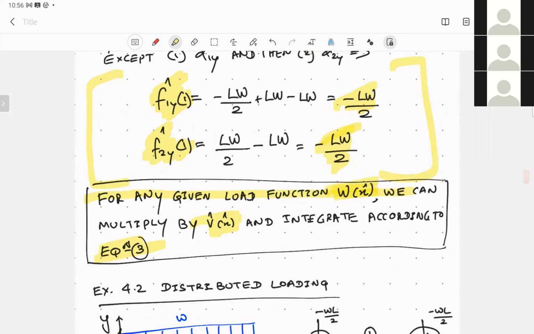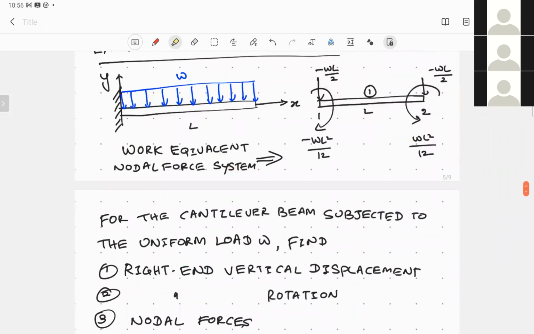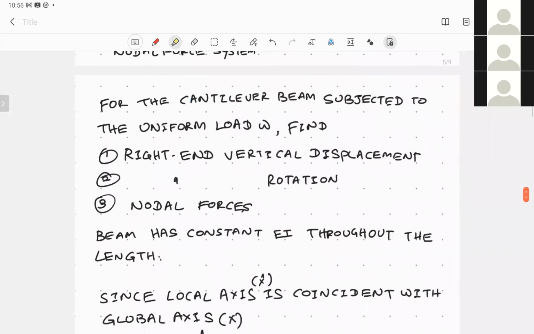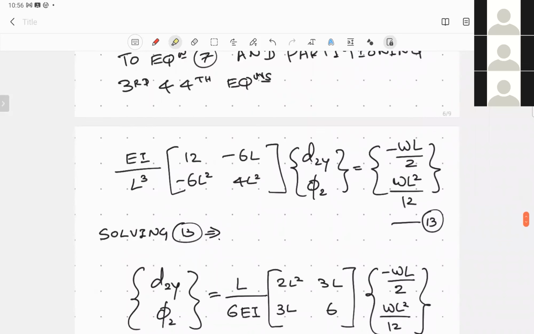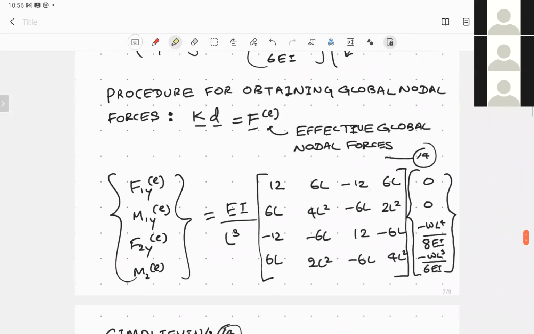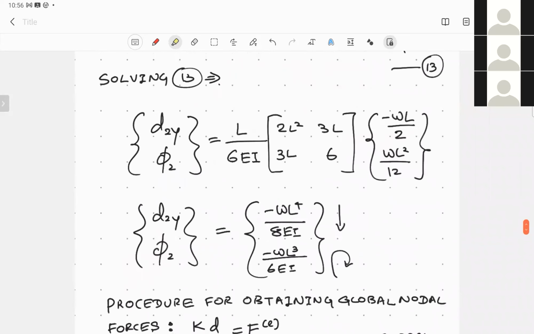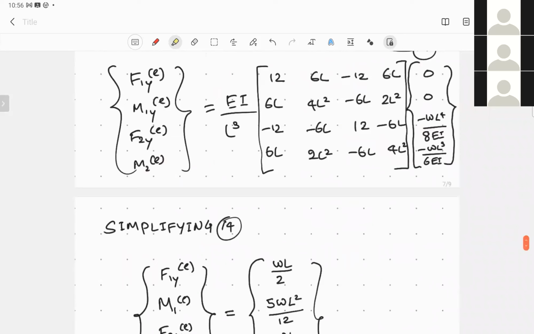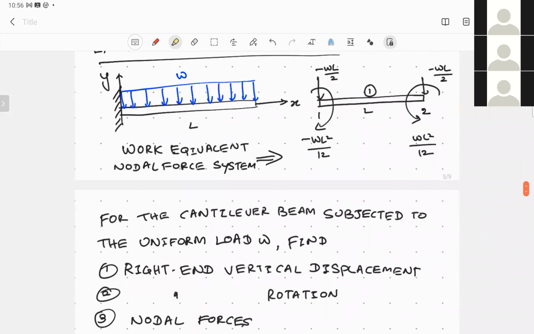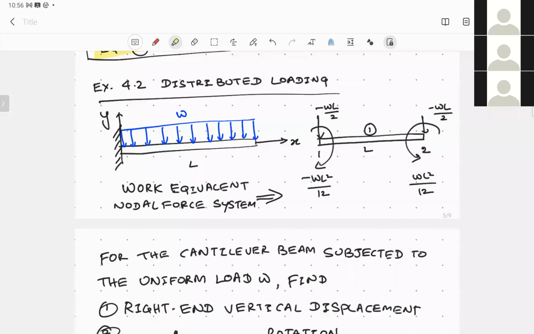So before we wind up, just to get things straight, let's do a quick example to get familiarized with this concept, so that you can work out problems on your own. Let's apply a distributed load using the work equivalence system for this particular beam.